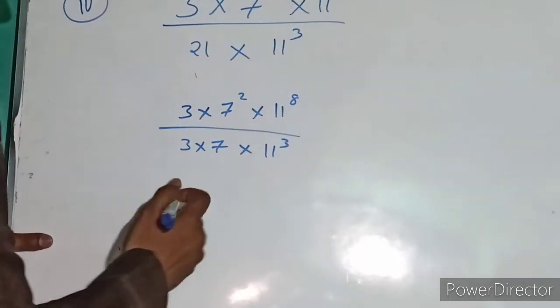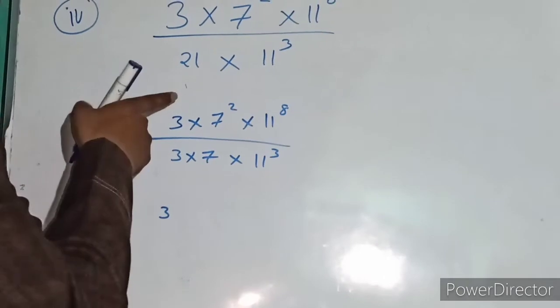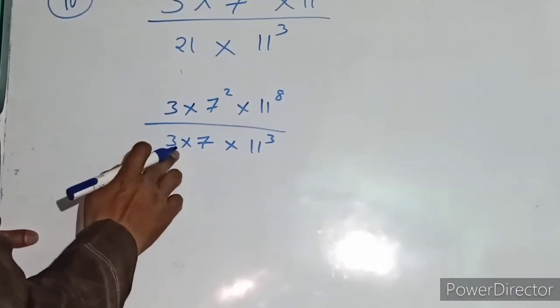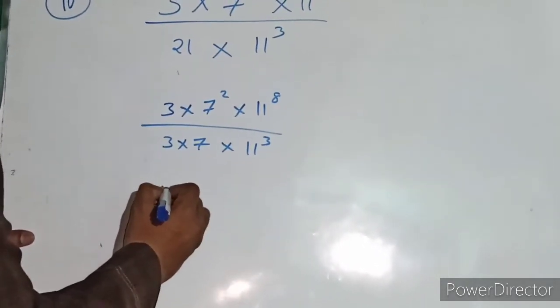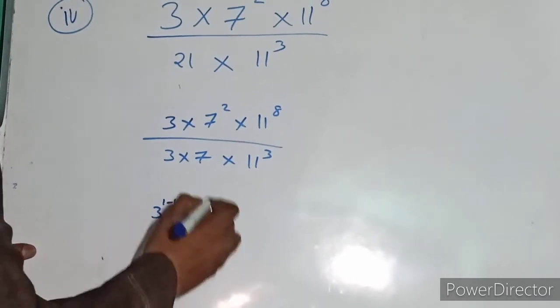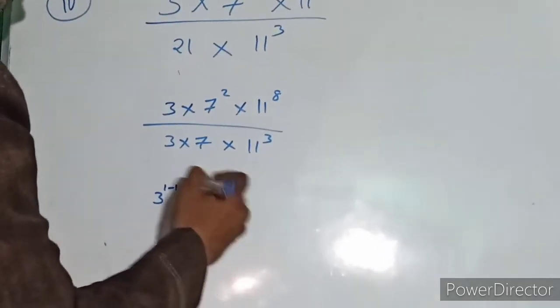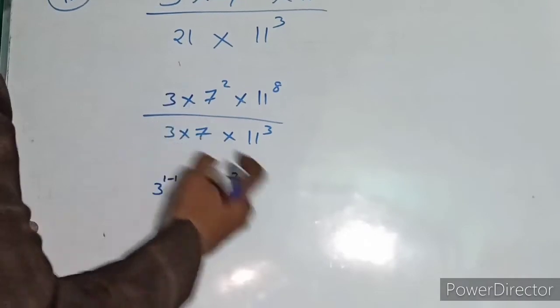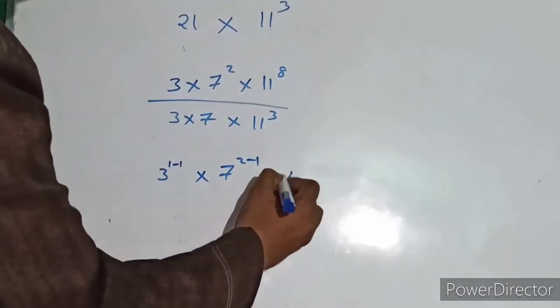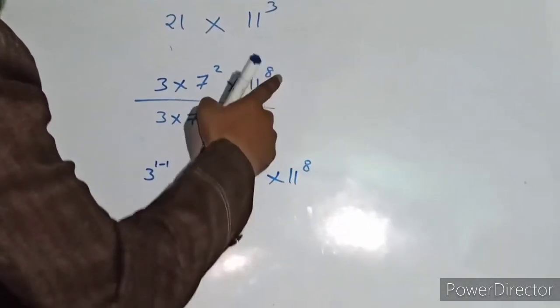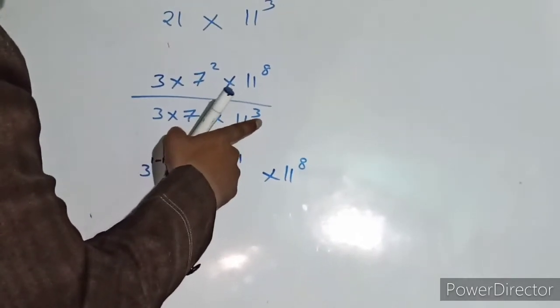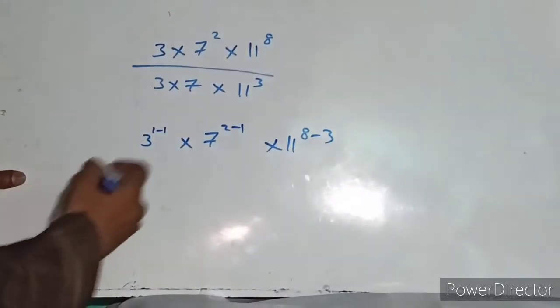So we can write them like this. The power of 3 is 1 and here also the power is 1, so 1 minus 1. Into 7 raised to the power 2 and 7 raised to the power 1 means minus 1. 11 raised to the power 8 and 11 raised to the power 3 means minus 3.